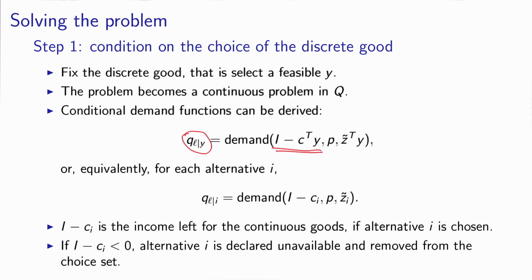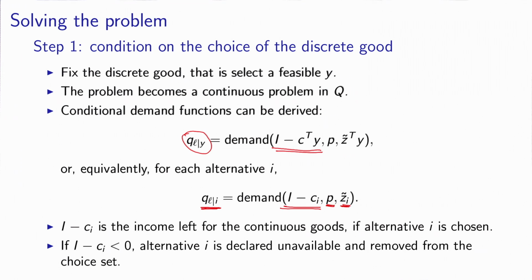Equivalently, you can write this for each alternative I. So here we write the quantity of the continuous goods given that alternative I has been chosen. It's a function of the remaining budget, the total budget minus the cost of alternative I, the price of the continuous good, and the attributes of alternative I. We have to realize that I minus CI, so the income which is left after the alternative I has been purchased, must be positive.